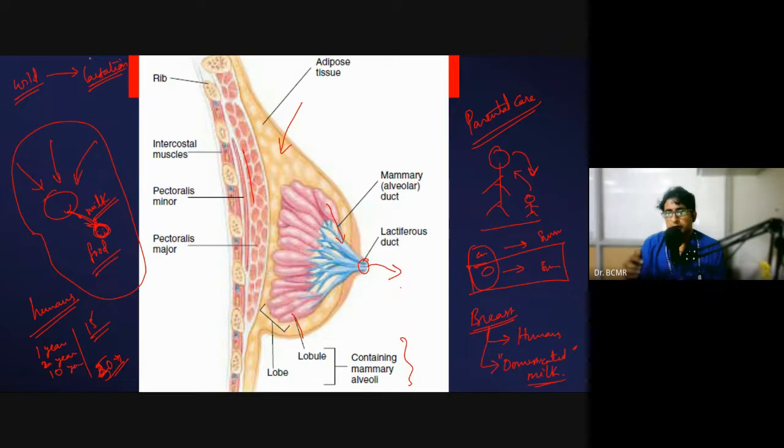There must have been an evolutionary selection, or it could be a cultural practice, that in humans we may have selected for humans with enlarged breasts. So what I'm trying to imply is, if we have selected for enlarged breasts, then we might be selecting mutations that may be involved in breast enlargement.